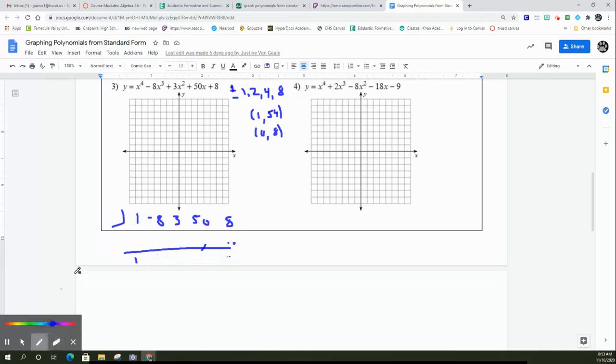So if I try 2, I get negative 6, that's negative 12, negative 9, negative 18, 32, 64, that's 72. So 272.